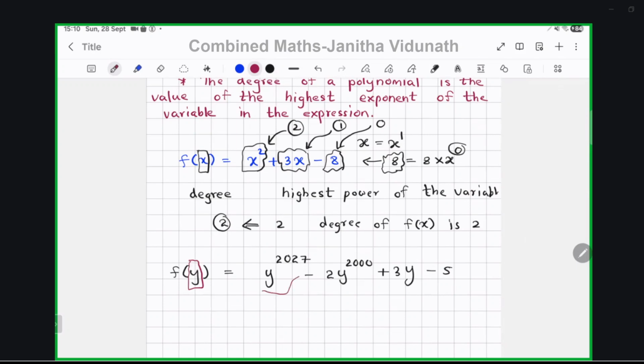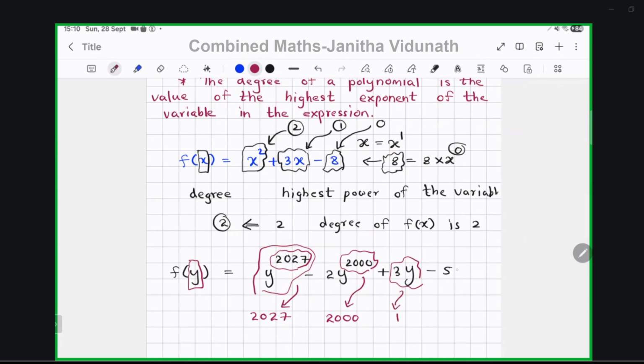The first term power is 2027, the second term power is 2000, the third term power is 1, since y means y to the power 1.